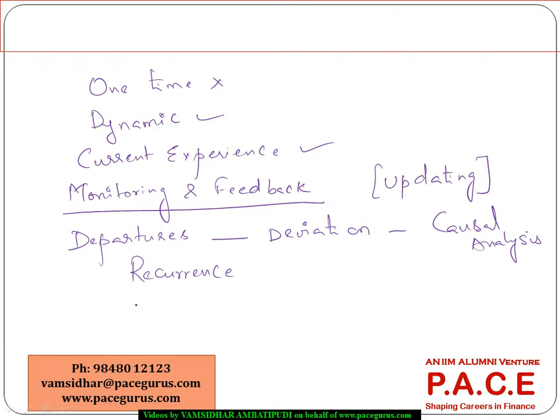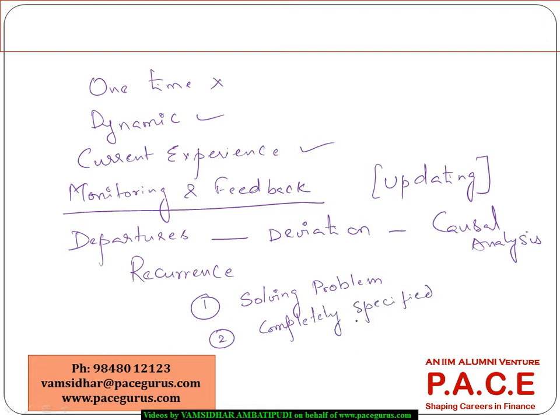And here, a few things that have to be really answered: is my model solving the problem as per the requirement or as per the specification phase, or is it fully completely specified, right? Does it have any kind of limitations, right?